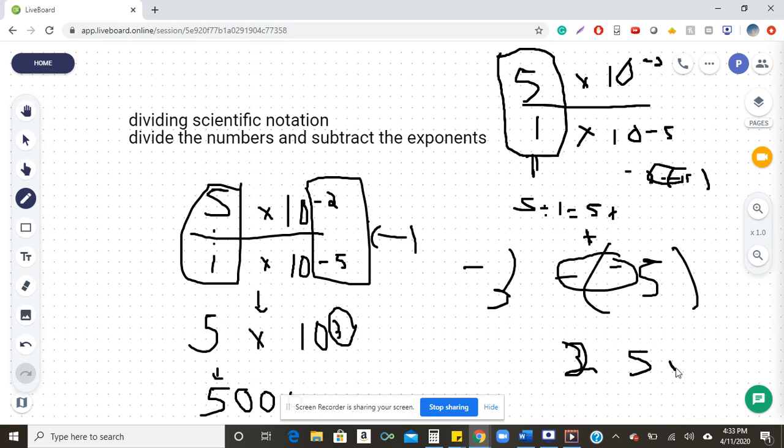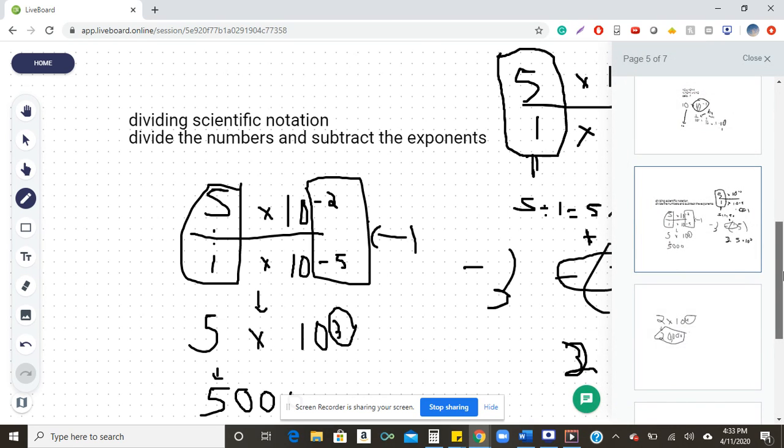So we have 5 times 10 to the 2. And you can evaluate that further if you wish, using the steps that I showed you before.